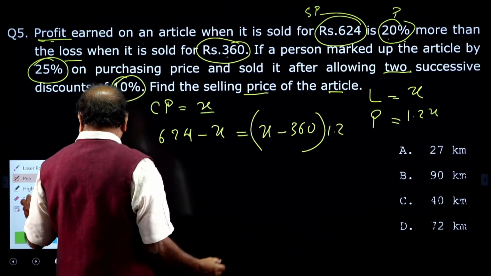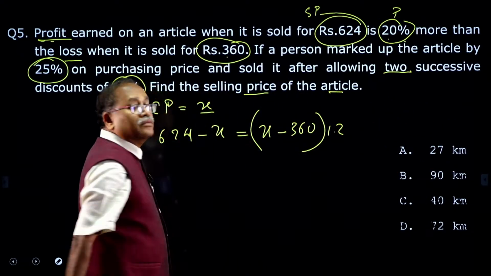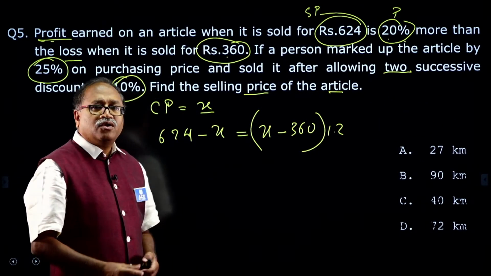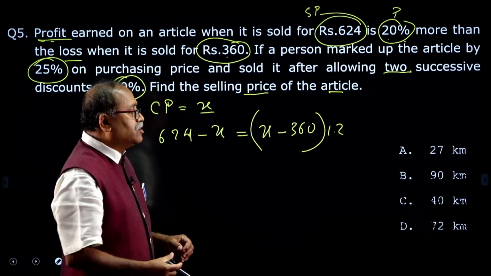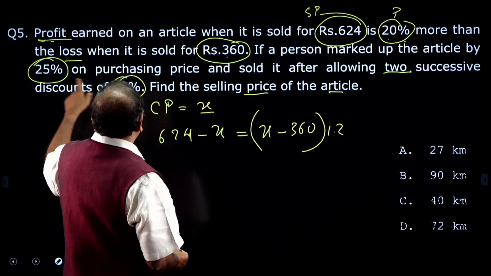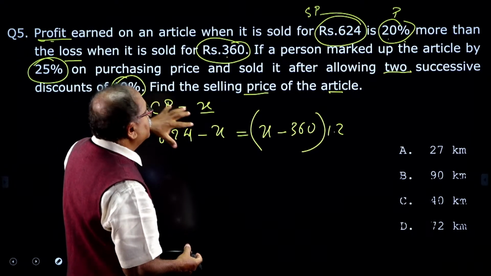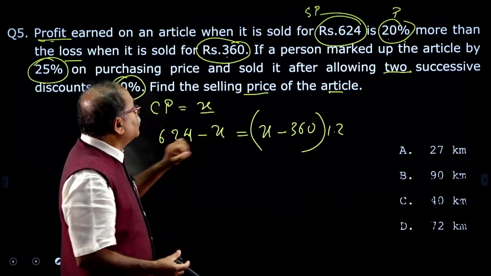Hope you are understanding this equation, my dear friends. Now, ignore the options here. By solving this, are you getting the value of x? Once you get the value of x, you are getting the cost price.